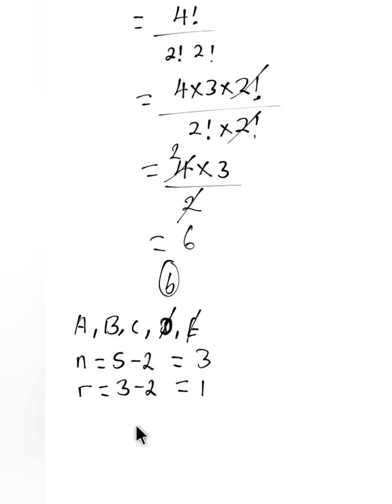So using n combination r is equal to n factorial all over n minus r factorial r factorial. Remember that n is 3 and r is 1. So we have 3 factorial all over 3 minus 1 factorial 1 factorial.